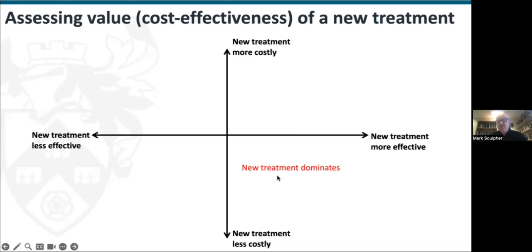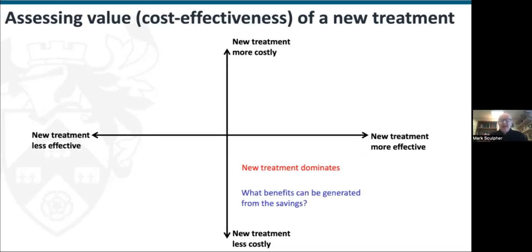So in this bottom right-hand quadrant, we say that the new treatment dominates because if this evidence about effectiveness and cost is reliable, then we can think about this as, we say in England, a no-brainer. It's obviously cost-effective and worth funding because it actually improves patients' health because it's more effective than the old treatment, and it saves us money because it's less costly overall than the old treatment.